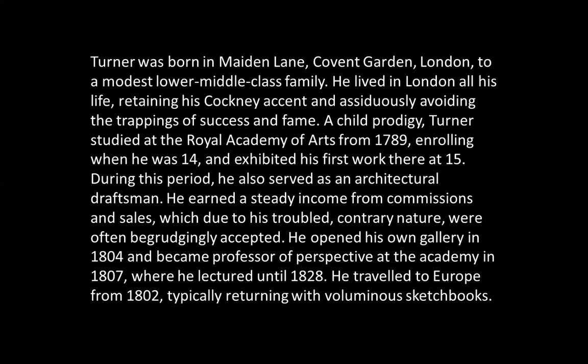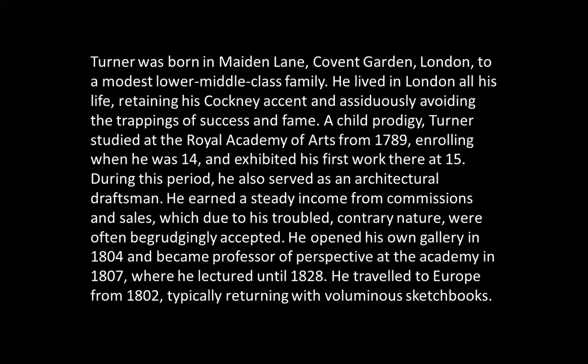So let's read. A child prodigy, Turner studied at the Royal Academy of Arts from 1789, enrolling when he was 14 and exhibiting his first work there at 15. During this period, he also served as an architectural draftsman.